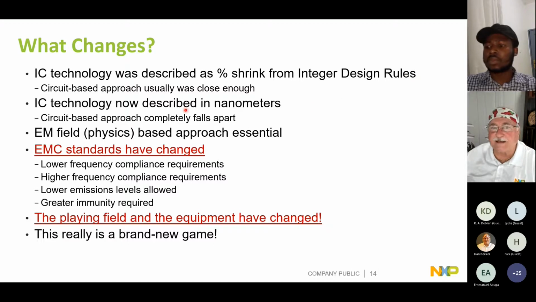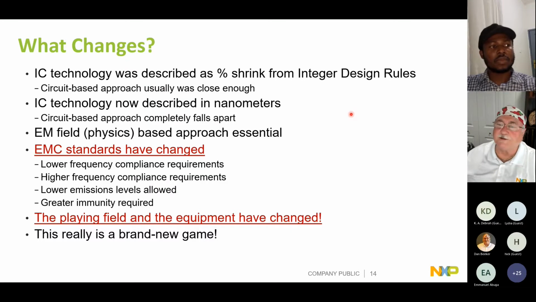But once it got to where they were talking about nanometers, things are in 120 nanometers, 180 nanometers, 90 nanometers, or you're looking at things that switch in nanoseconds. At that point, the traditional let's just hook it all up and make it work fell all apart.